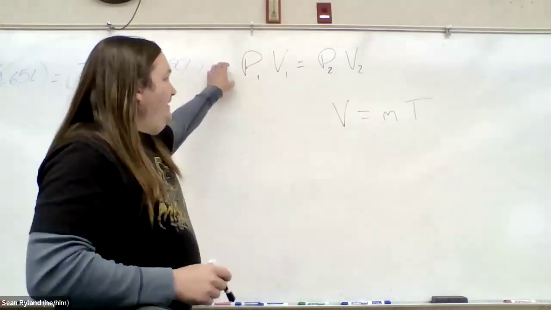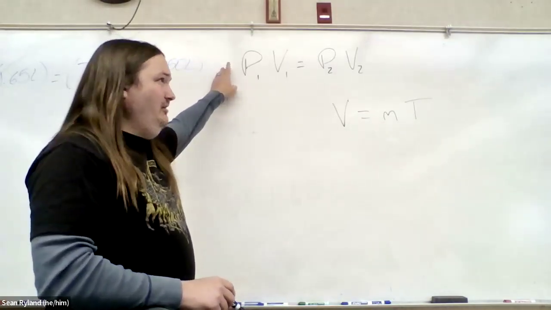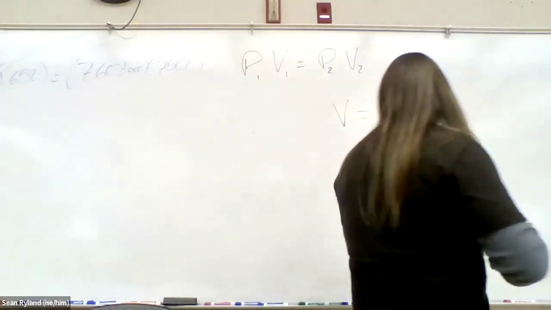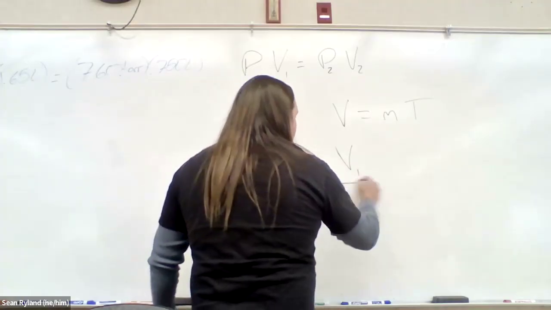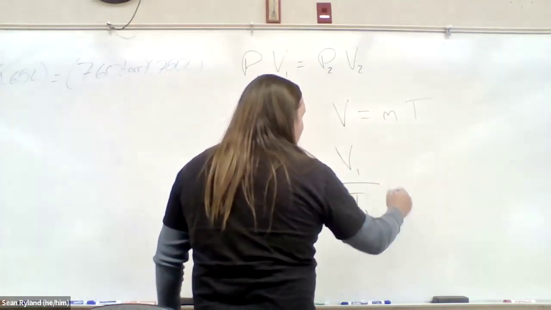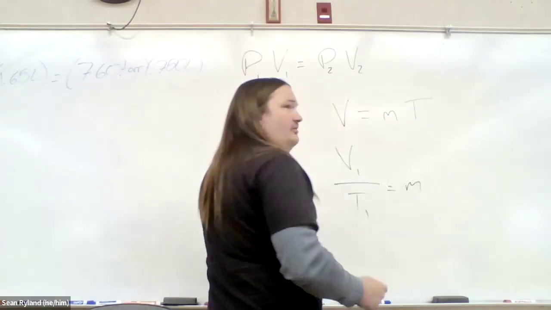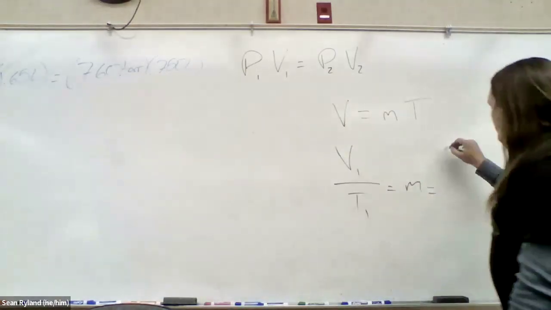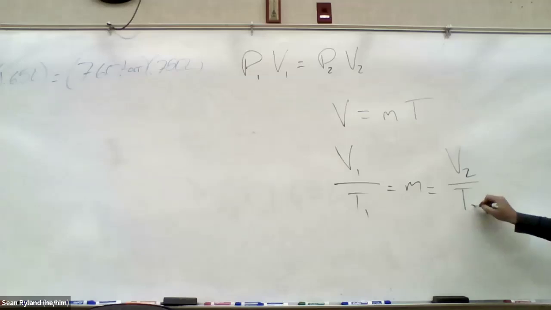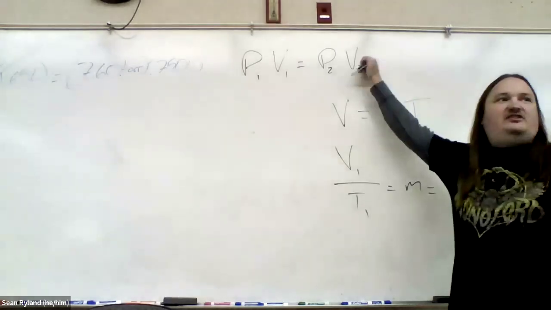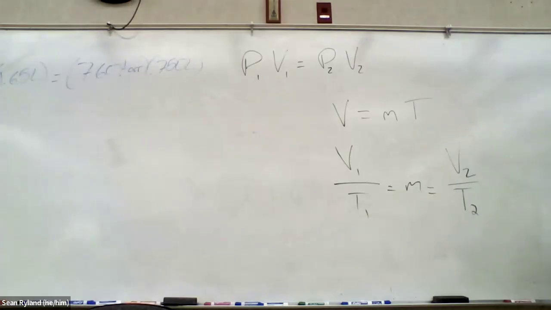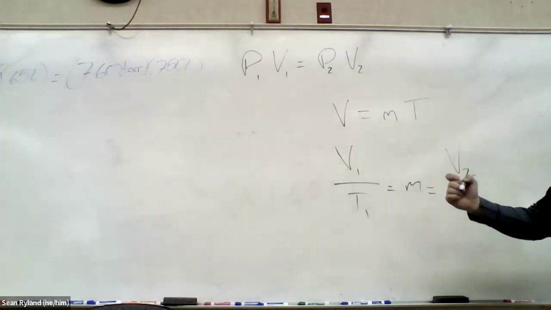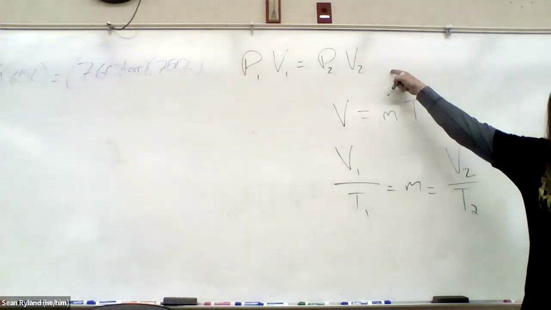Which if we rearrange that to set it in a similar form here, we can say, okay, well, for any system of gas at a constant pressure, we can say volume 1 over T1 equals our slope, which equals volume 2 over T2. So basically we get almost the same form here. It's just, it's volume over temperature, not volume times temperature. Because they're directly proportional, not inversely proportional.